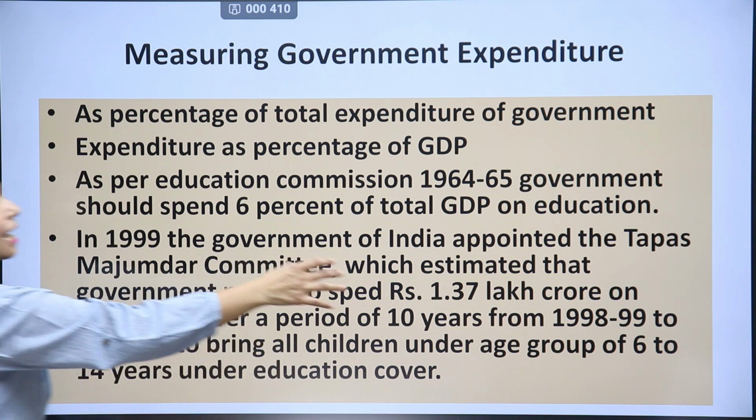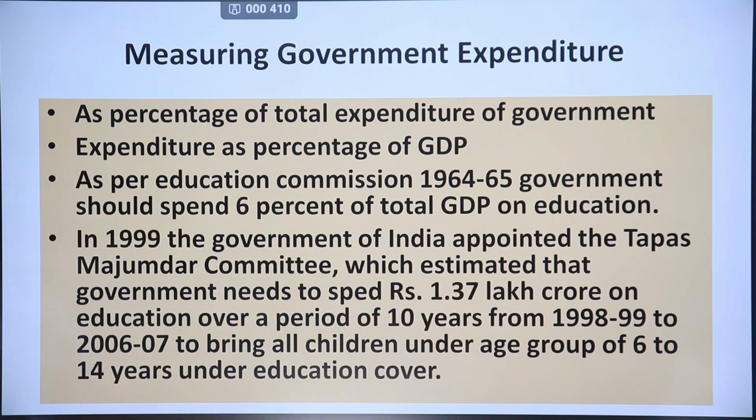So that was the amount required to be invested continuously for 10 years. This is the recommendation of the Tapas committee, and this is important, and you can memorize that.